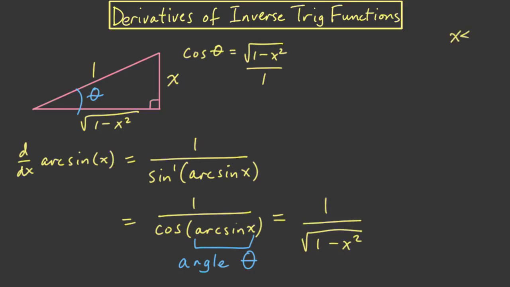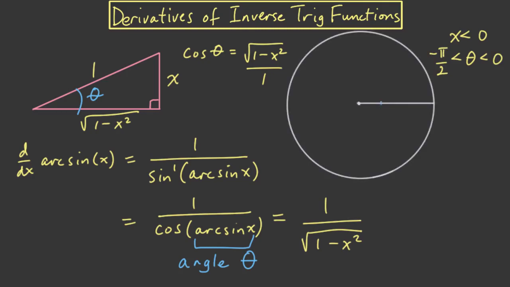If x is negative, then arcsine x will fall in the negative part of its range. So theta will be between 0 and minus pi over 2. And that means that if we draw the unit circle, theta is going to be this way, and we get a triangle like this. And this is our x, and it's negative because this leg is downward.